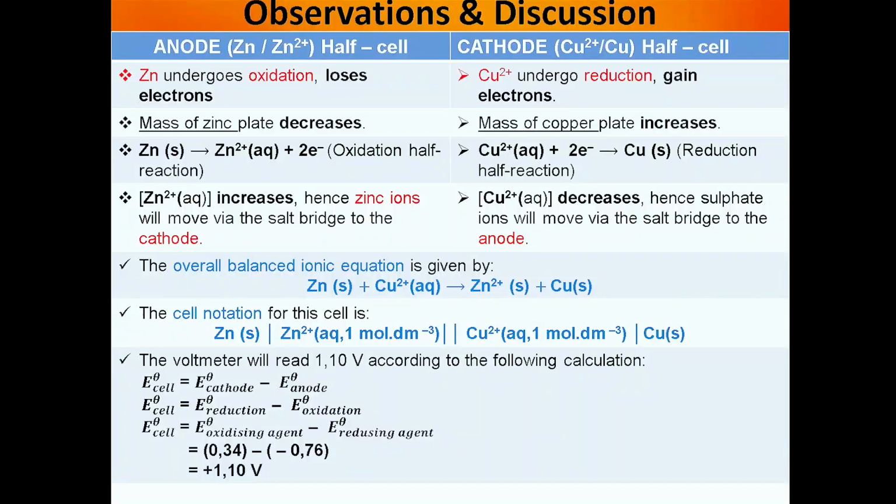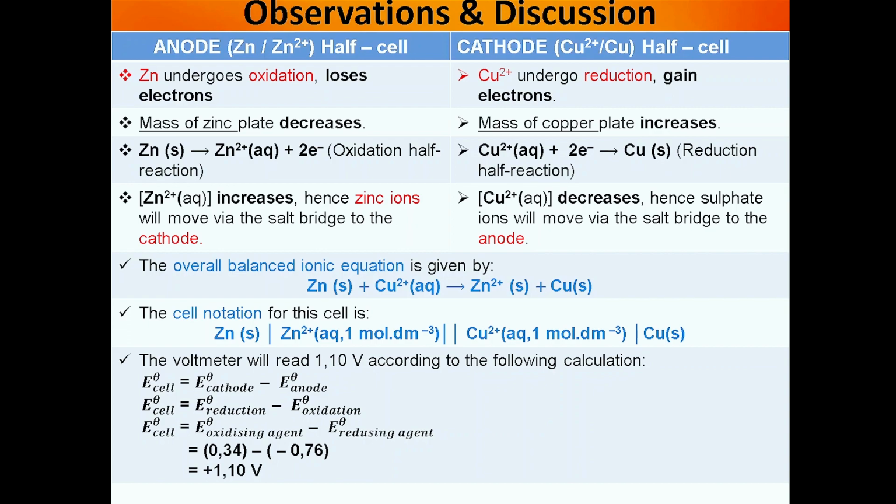On many occasions, you will be asked to find the E cell, in electron volts, using the standard reduction potential table. You will be asked to calculate the EMF. As you can see, the formula says cathode minus the anode. At the back of the question paper for physical sciences, you always have what you call the standard reduction potential table. That's where you get these EMF values.